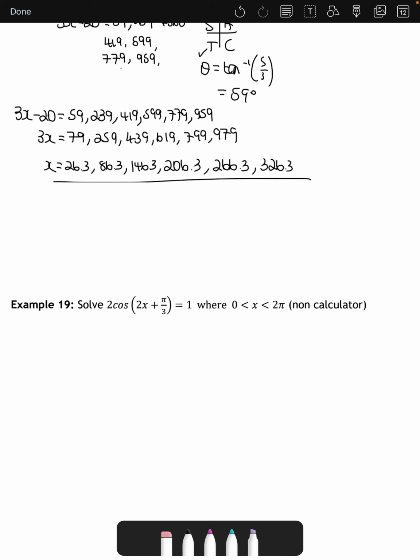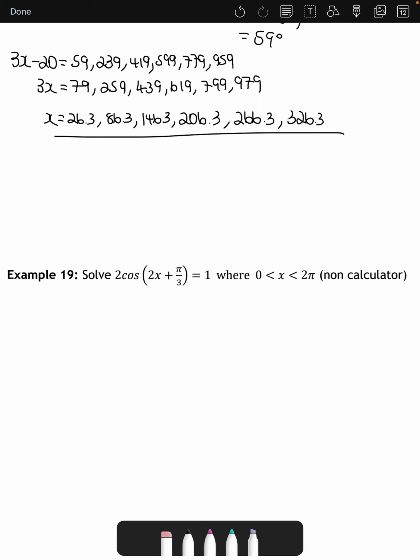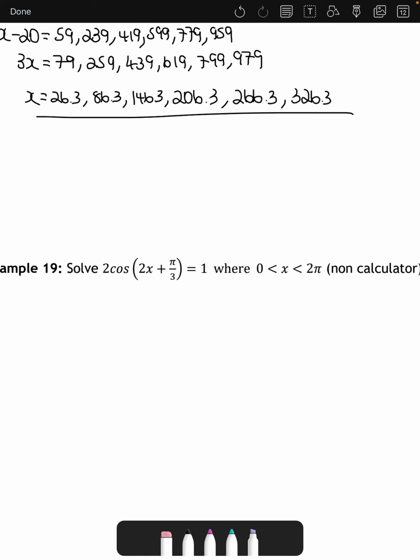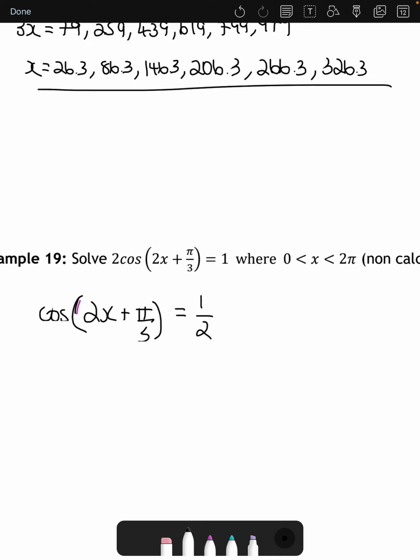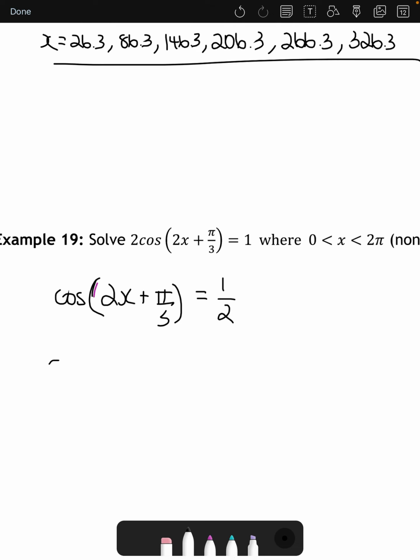Okay, so we are, this time, 2x plus pi over 3. I'll rearrange it first of all. I'm going to change it into degrees, okay? I will move it back at the end, but it's much easier.